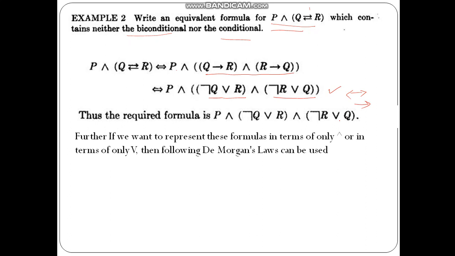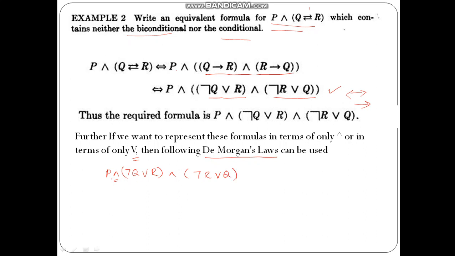Moving ahead further, if you want to represent this formula in terms of only, let us say, conjunctions, or only in terms of disjunctions, in that case you can make use of De Morgan's laws. So how? Let us say you want to represent all in terms of conjunction only. The given formula is now P and (not Q or R) and (not R or Q).